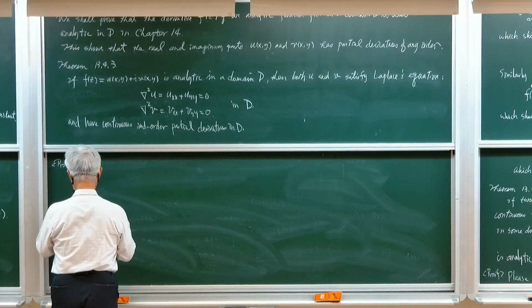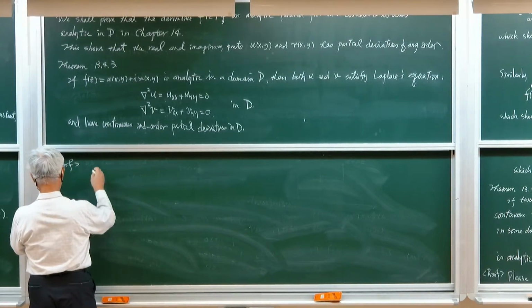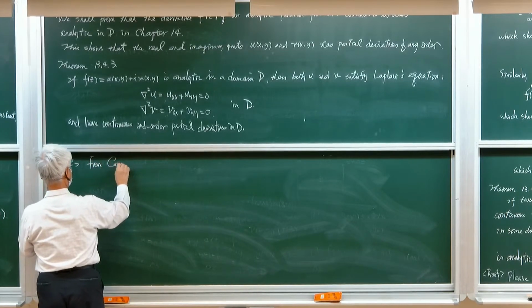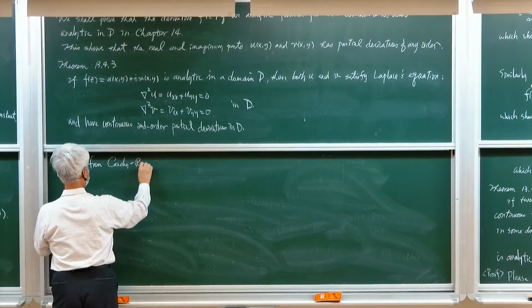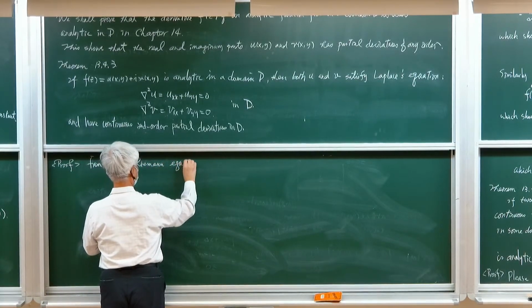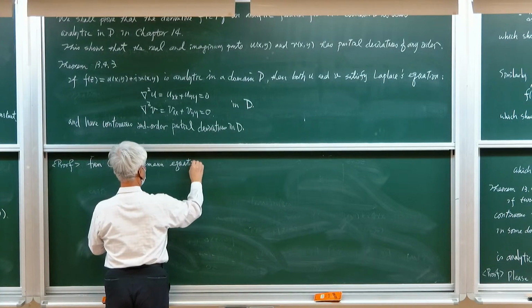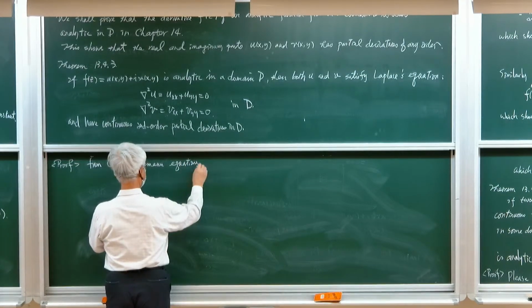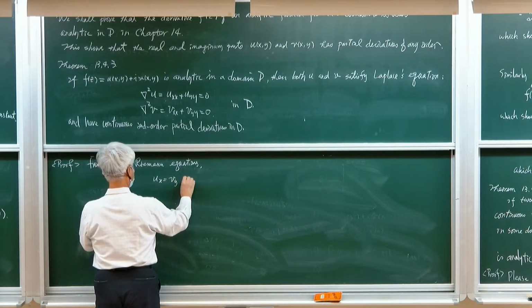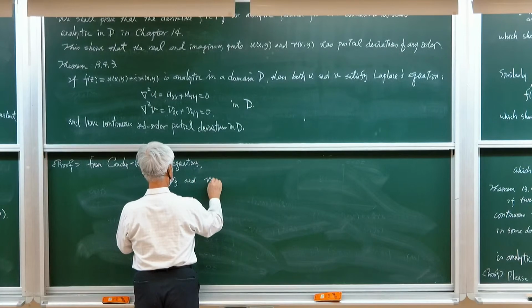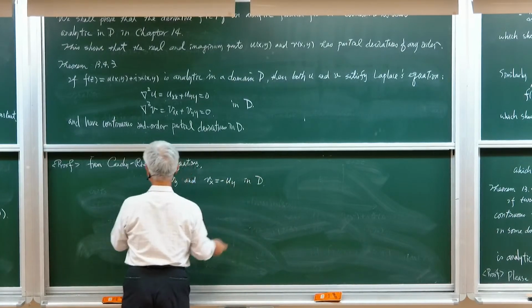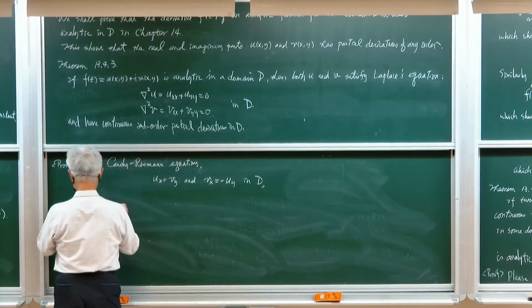Okay, so from the Cauchy-Riemann equations, we have u_x equal to v_y, and v_x equal to minus u_y in D. Right?